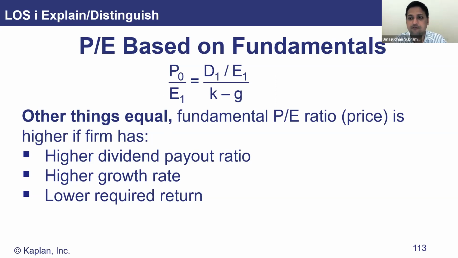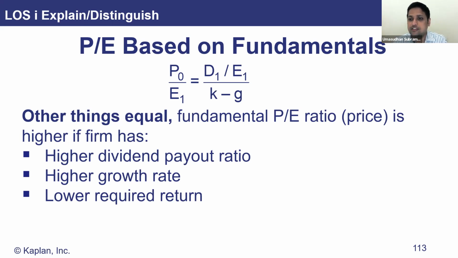What does that mean? If you're talking about a company with less risk, that is when you want a lower required rate of return on that stock. If you're talking about two securities, one with a higher beta and the other with a lower beta, the one with the higher beta is going to have a higher required rate of return, and the one with the lower beta is going to have a lower required rate of return.